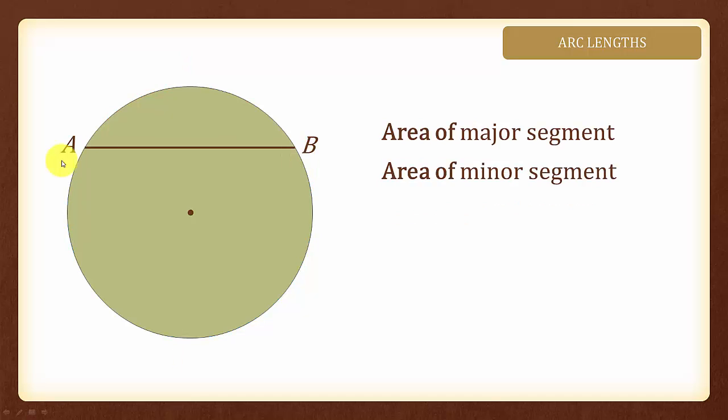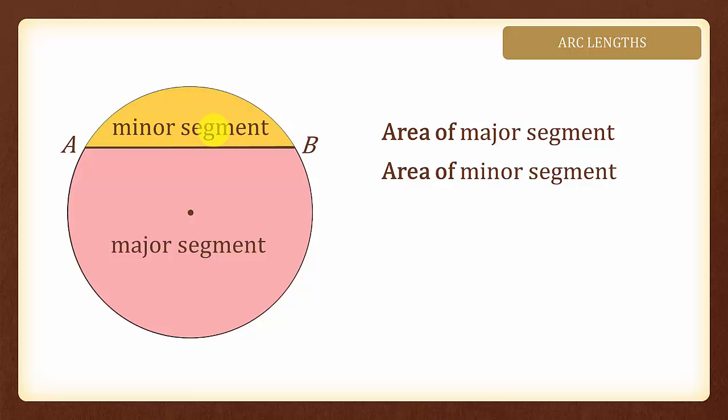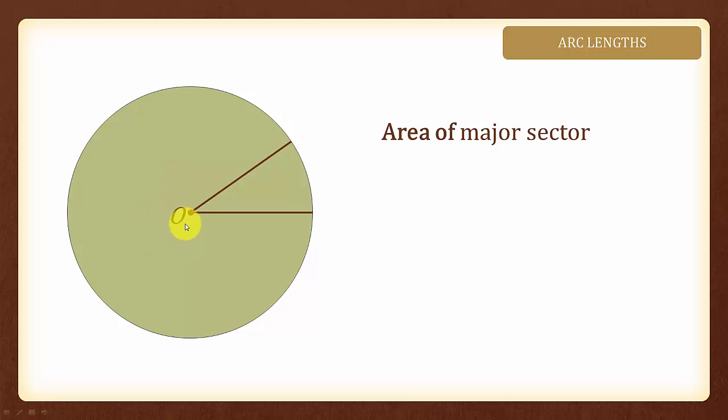The area of a major segment is the area bounded by a chord AB and the major arc. And the minor segment is the area bounded by the chord AB and the minor arc. For a sector, we will have two radius, and the area of the major sector is the area bounded by these two radius and the major arc.